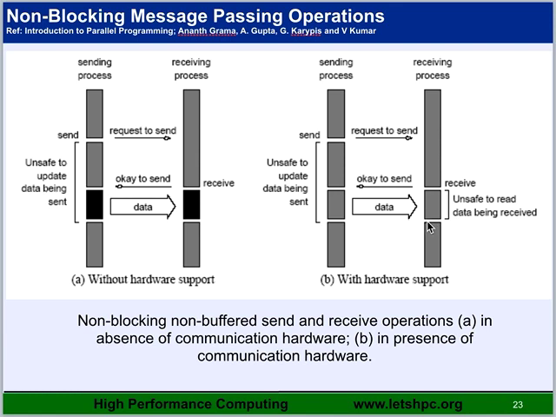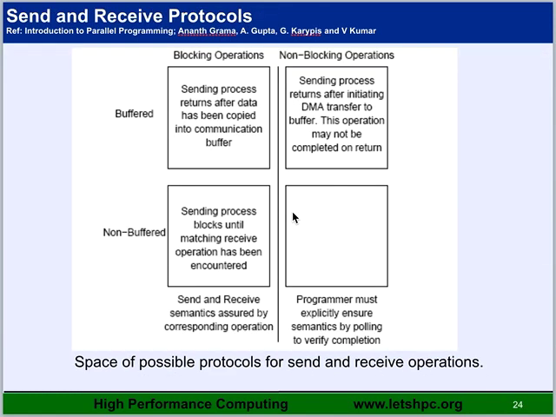We can also have another situation where we have hardware support in the form of some kind of communication hardware, and then to a certain extent this unsafe time can be reduced. So in summary, this is the overall parameter space of possible protocols for send and receive operations.